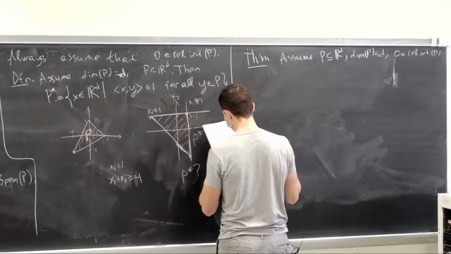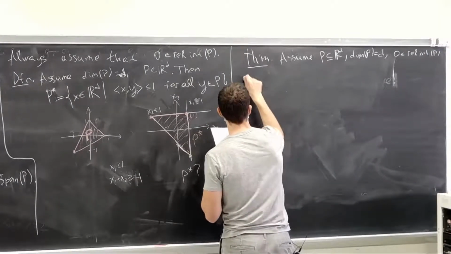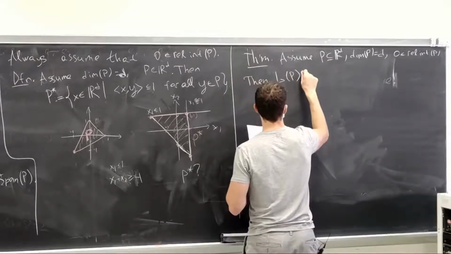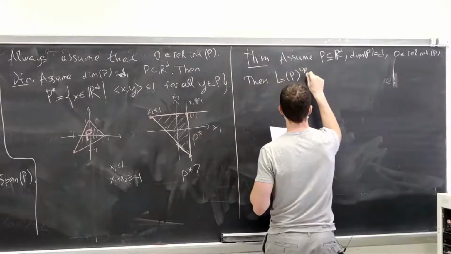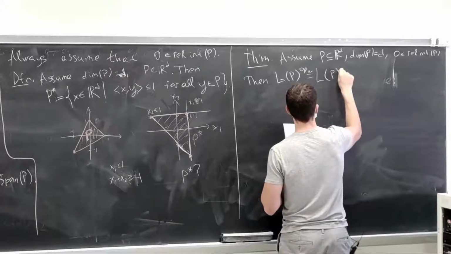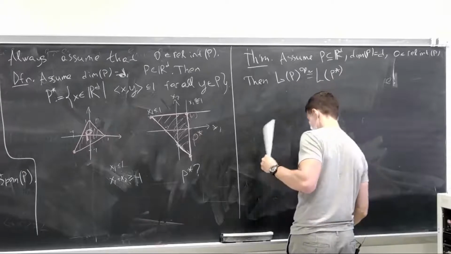Then the claim is that the opposite of the face lattice of P is isomorphic to the face lattice of the dual of P.